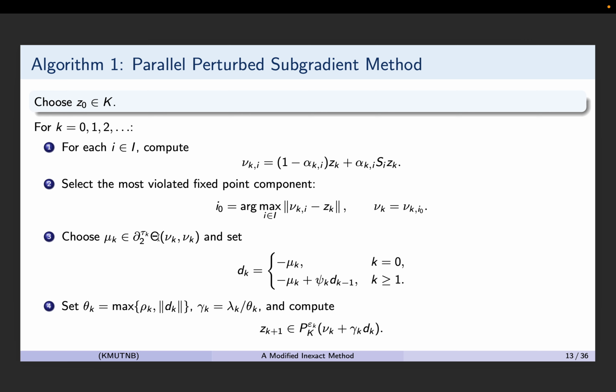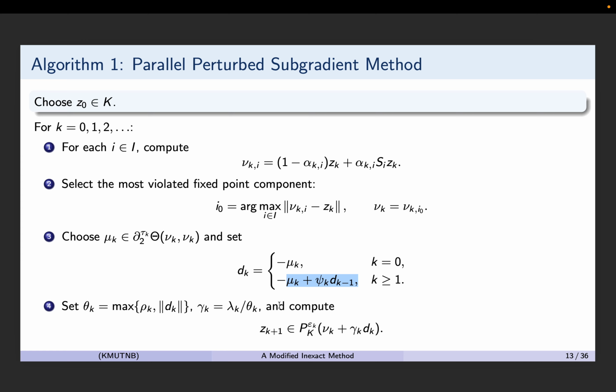In this, you can see this one is kind of an approximate or inexact computation of the subdifferential here. And if k is 0 at the initial point, this is a kind of descent direction, and then at subsequent iterations, you can see it includes the previous information of the previous direction here.